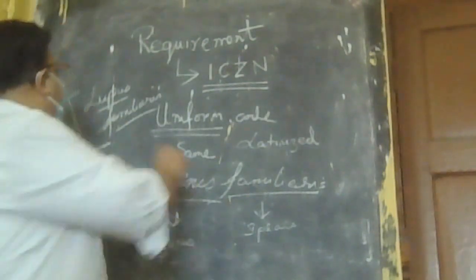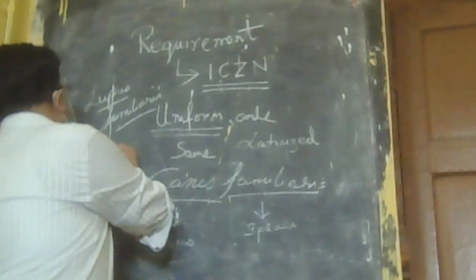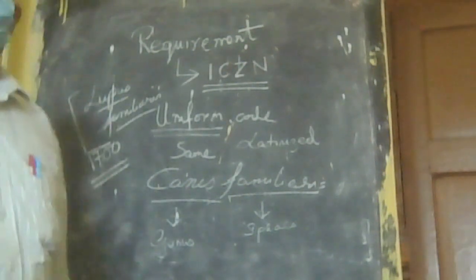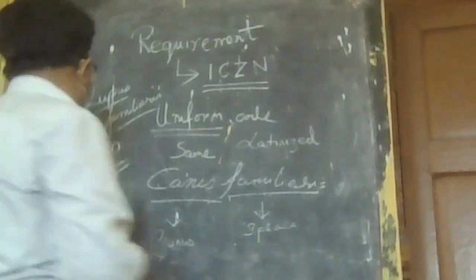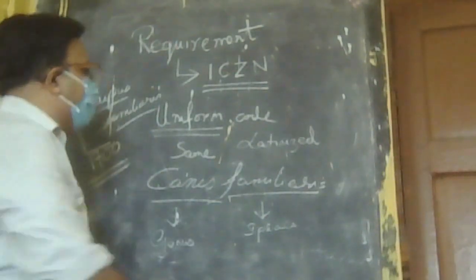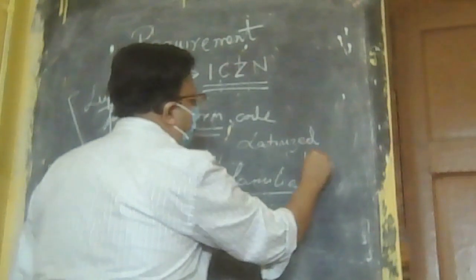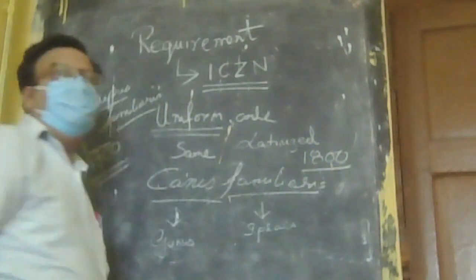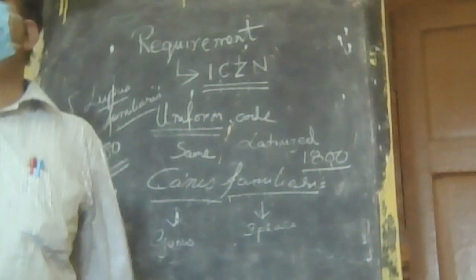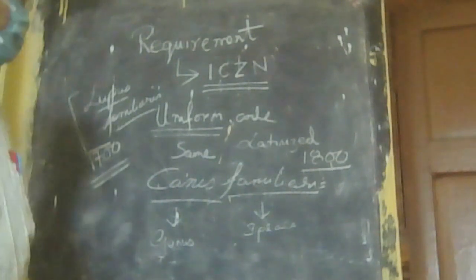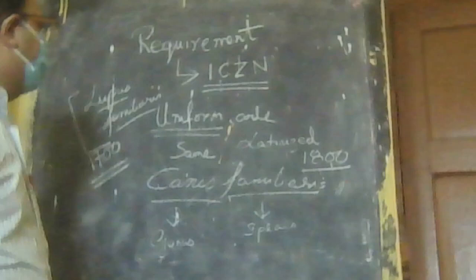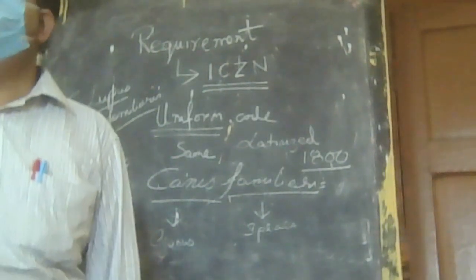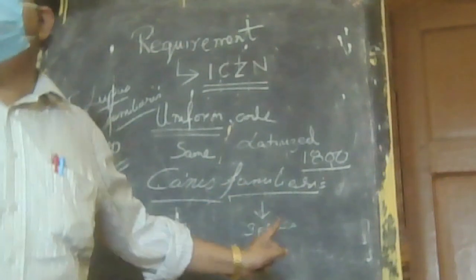So somebody in 1700 gives the name Lupus familiaris, and somebody in 1800 gives the name Canis familiaris. Now, if they are describing the same animal, dog, this is a confusion.